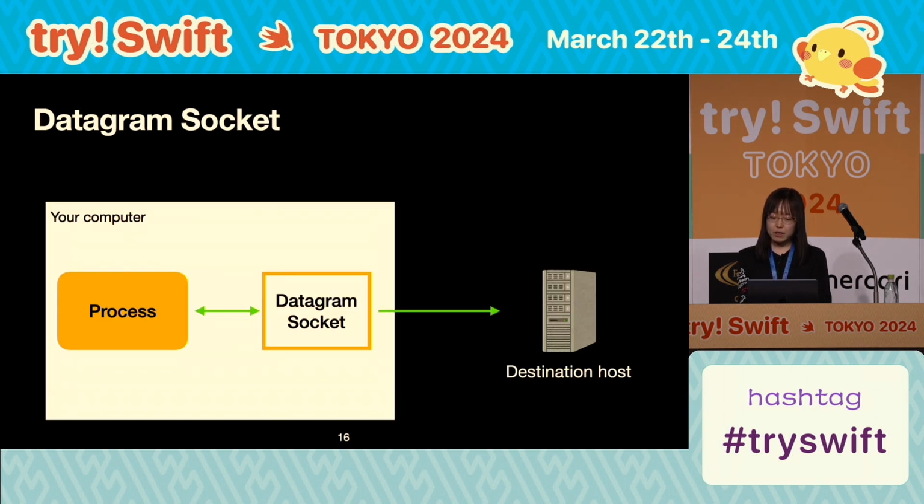There are different types of sockets. This time, we will use a datagram socket to send ping. A datagram socket is typically used for UDP connection. Unlike TCP, it doesn't establish a logical transmission path to the host.